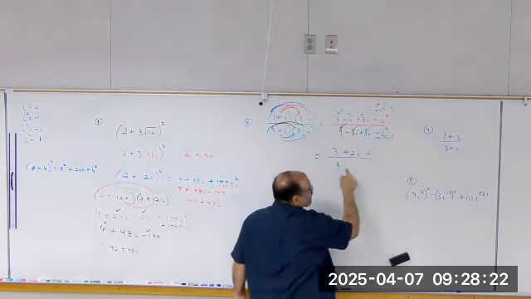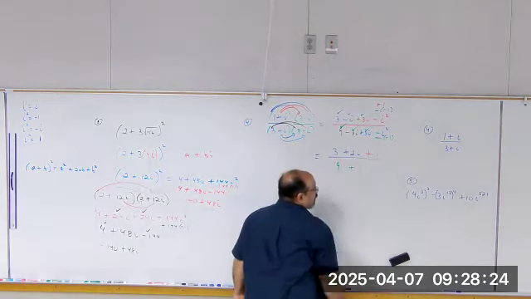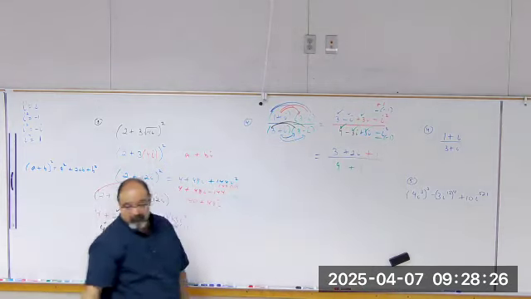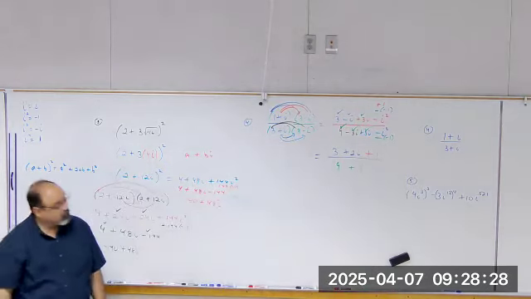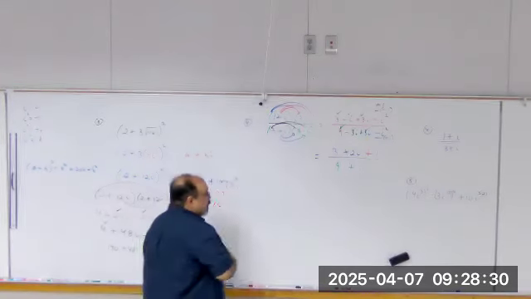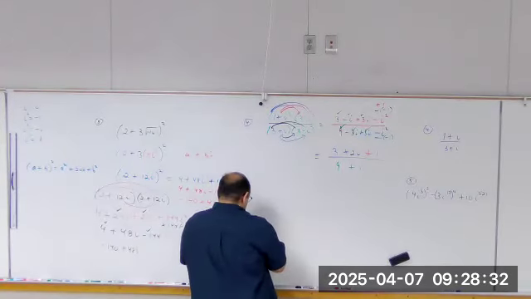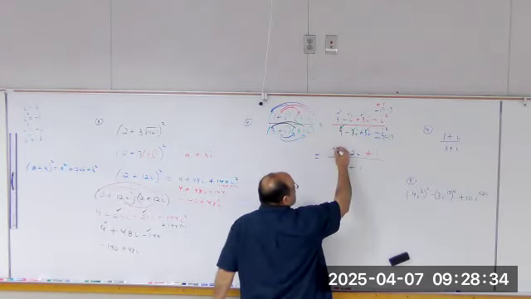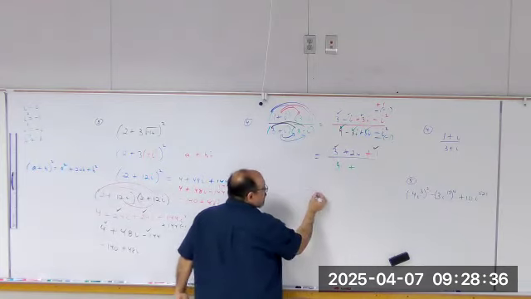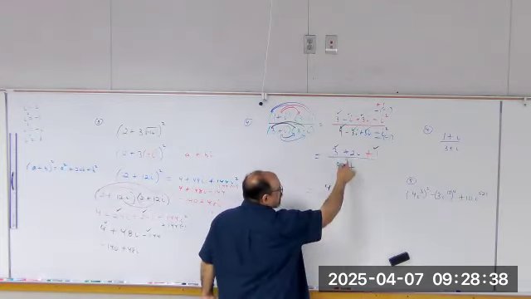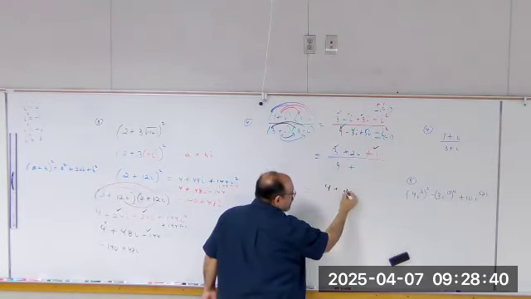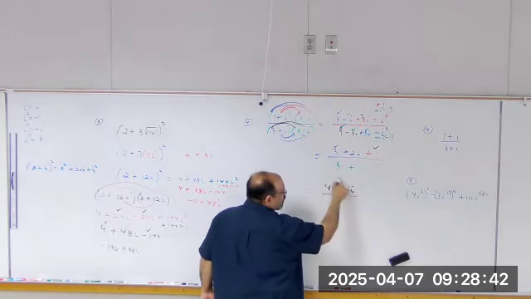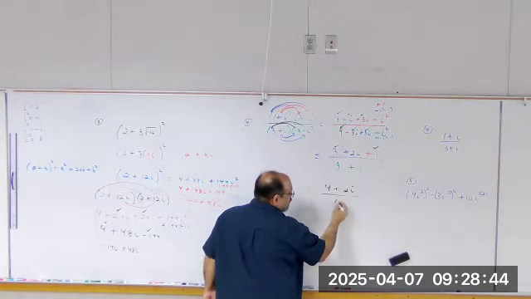So what happens down here? You get plus 1. So we end up with 3 plus 1, that equals 4, and a positive 2i, all over 9 plus 1 is 10.